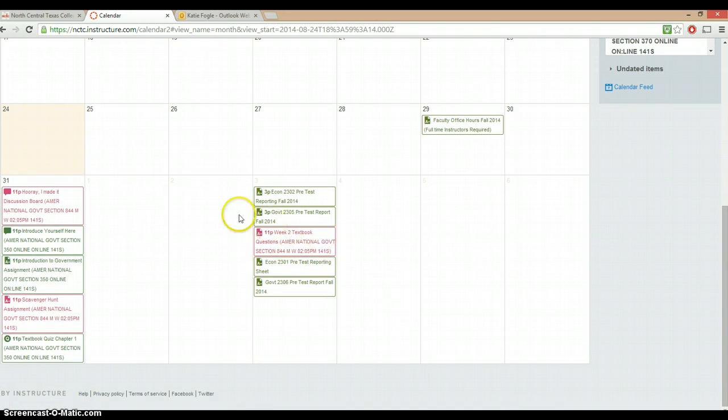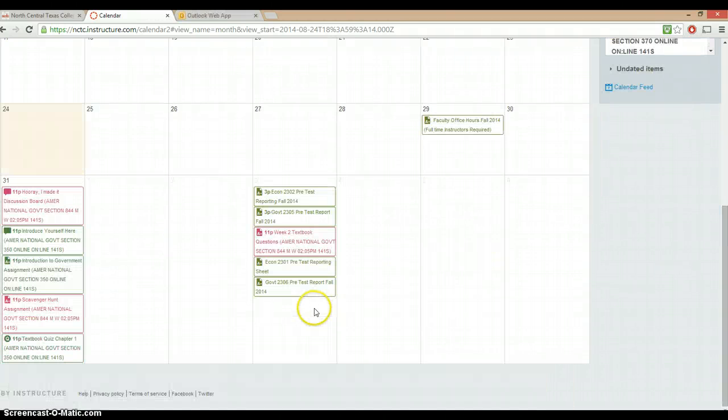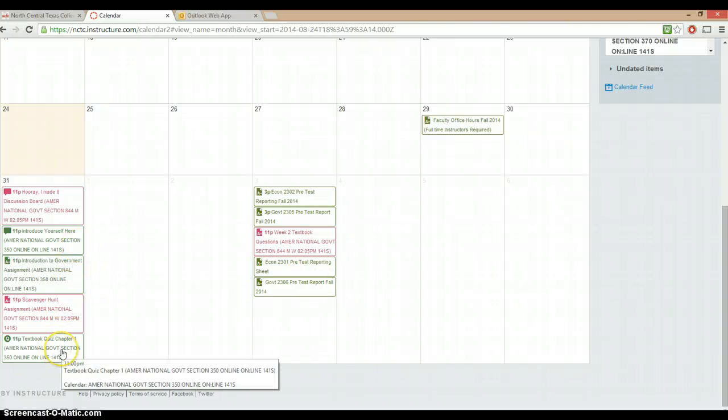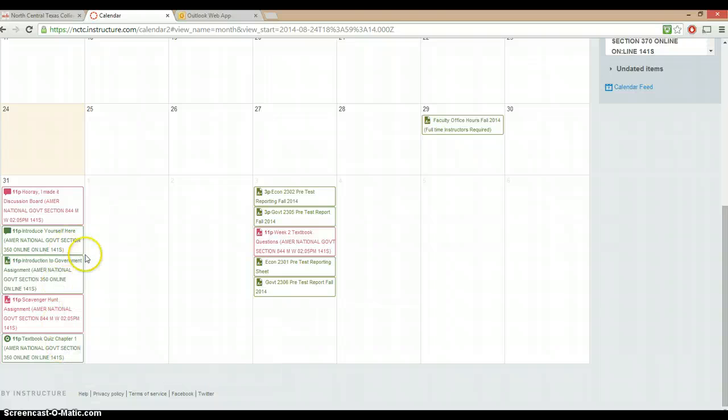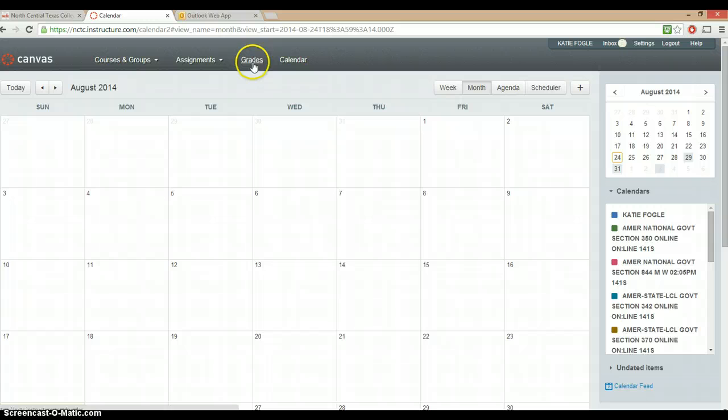So you'll notice, you guys are this dark green one. All of your classes will be sort of like this. So just look for the color that you're looking at, but all the due dates will be here, and you'll be able to go in and see the assignments that way as well.